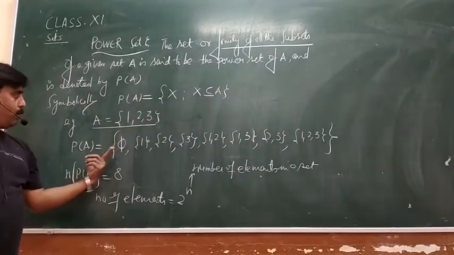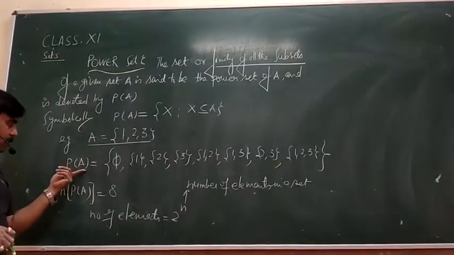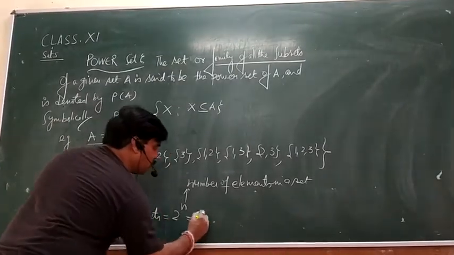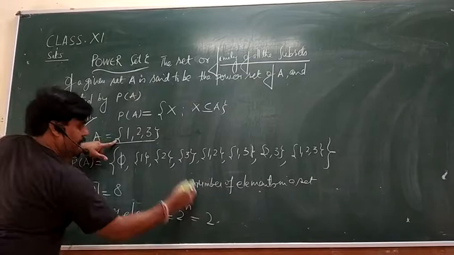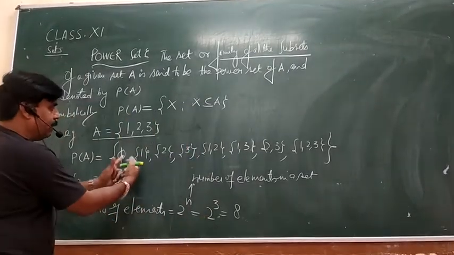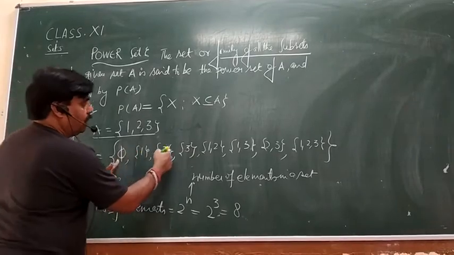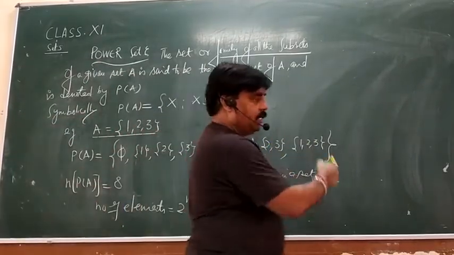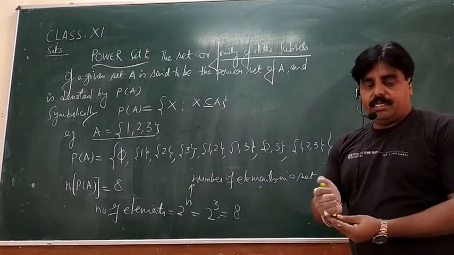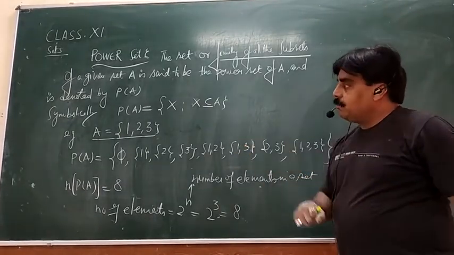So how many subsets will be in the power set? That is 2 raised to power n, which is 2 raised to power 3, that is 8. So you will see that 8 elements are here: 1, 2, 3, 4, 5, 6, 7, 8. Likewise you can find the number of elements in any power set.